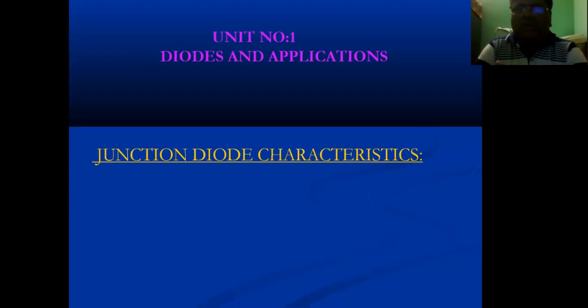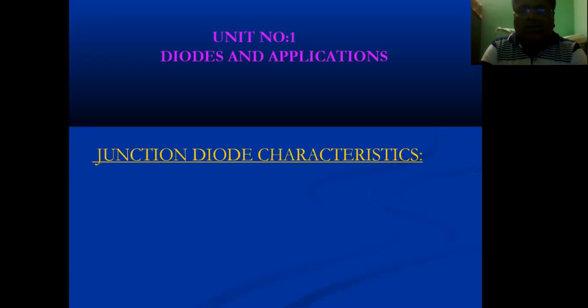For example, Kompally junction: many roads are joined at one place. That place is called a junction, and its name is Kompally junction. So here, junction diode characteristics.